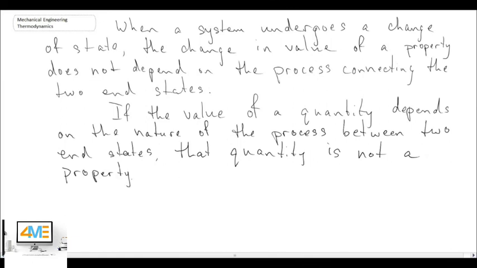So if we're using some sort of property and we find that it is dependent upon the process path between two end states, that tells us that that is not a property. And examples of these are heat, work, and mass interactions.